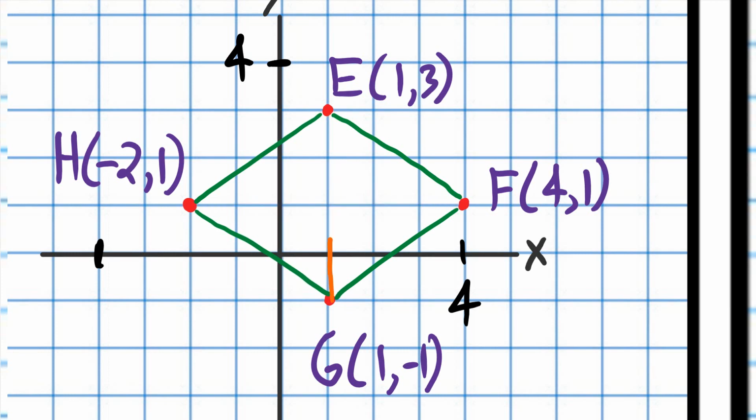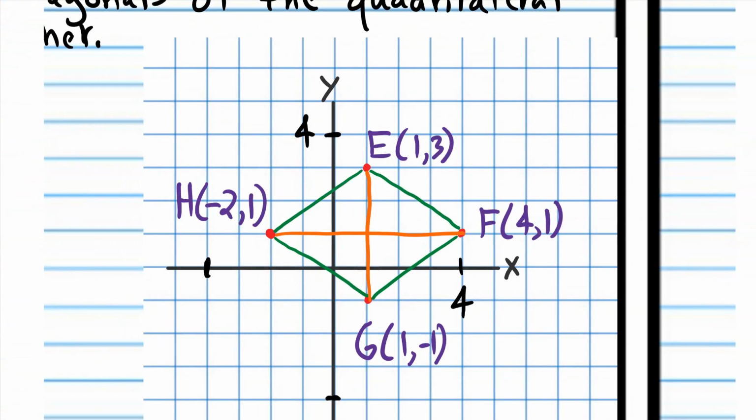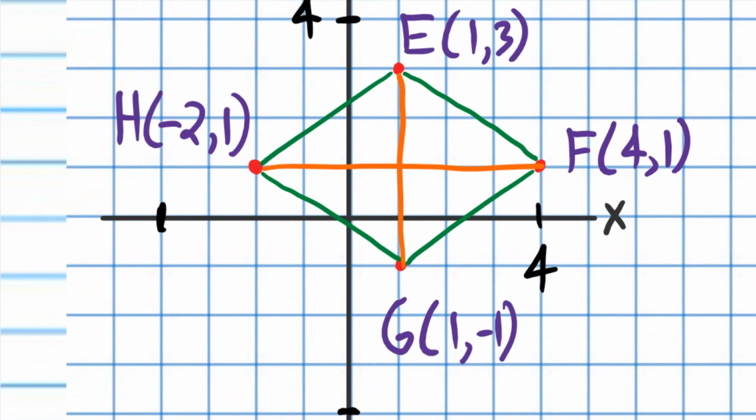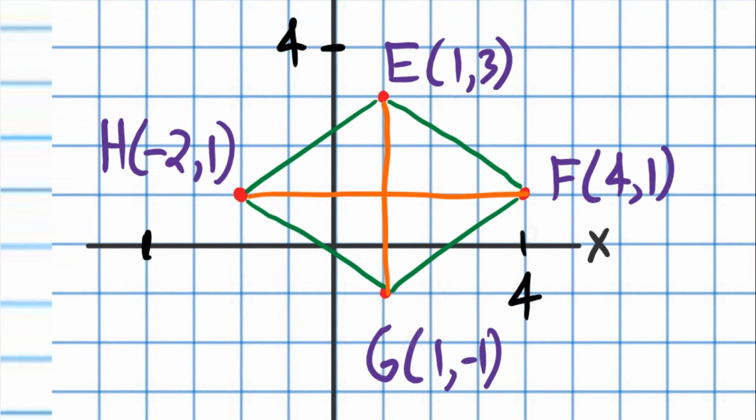So we want to prove that those 2 diagonals bisect at the same point, because we want to show that they bisect each other. If they bisect, remember bisect means to kind of cut in half. So that means that this length has to be equal to this length, and this length has to be equal to this length.